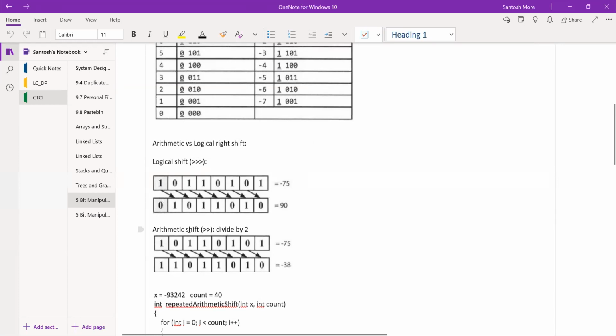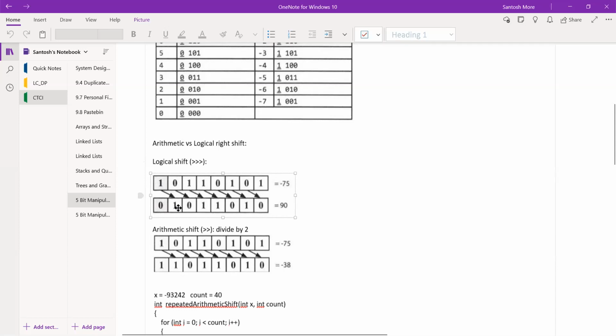If we have this number, -75, in an 8-bit representation, the first bit will always be 1 because it is a negative number, in 2's complement representation. And then we want to logically right shift this.